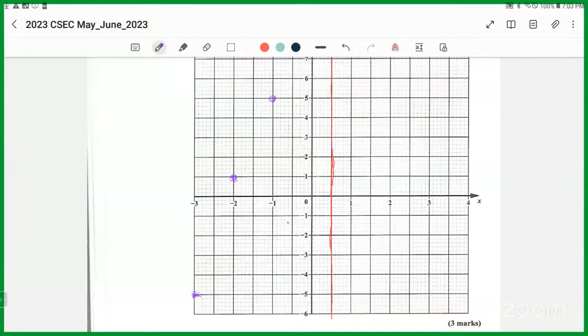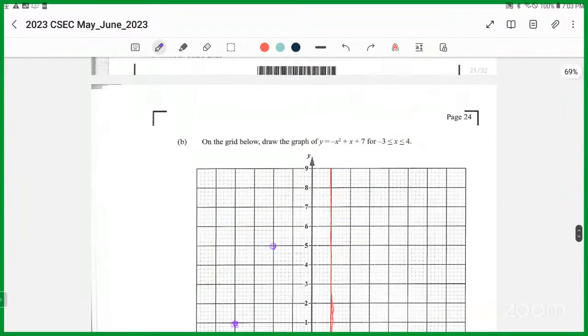Those are the first 3 points, for x intervals of -3, then -2, then -1. Good? Next 3.